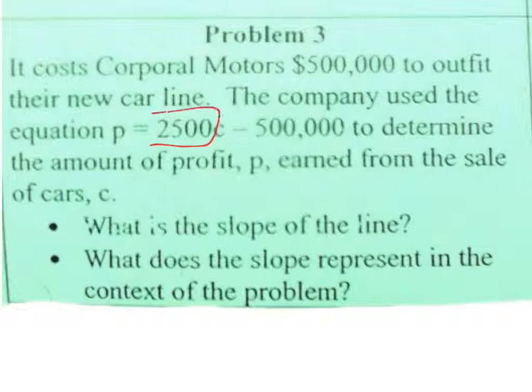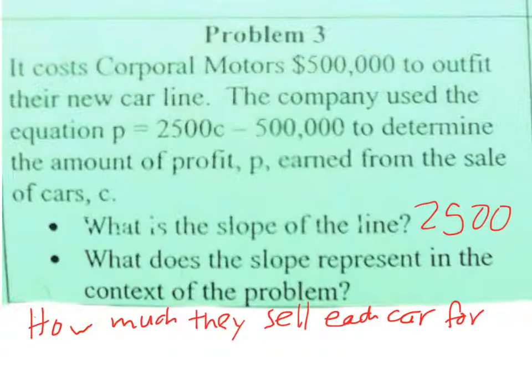And this number out front is the slope of the line, and the $2,500 is going to have to be how much they sell the cars for, because see, it's the number of cars, you have to do 2,500 times that. So it's actually the cost of each car. So yeah, how much they sell each car for.